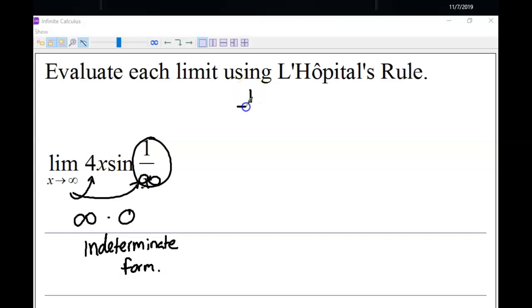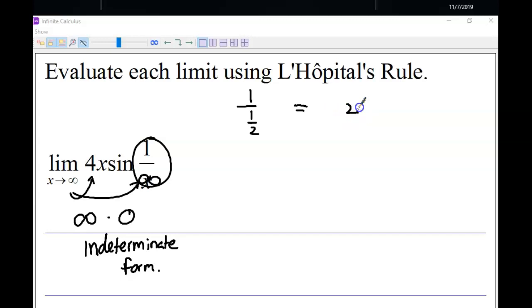If I had 1 over 2, what would that simplify to? Well, if we multiply the top and the bottom by 2, we get 2 over 1, so it's really just 2. So here's the point: 1 over 2 is 2.